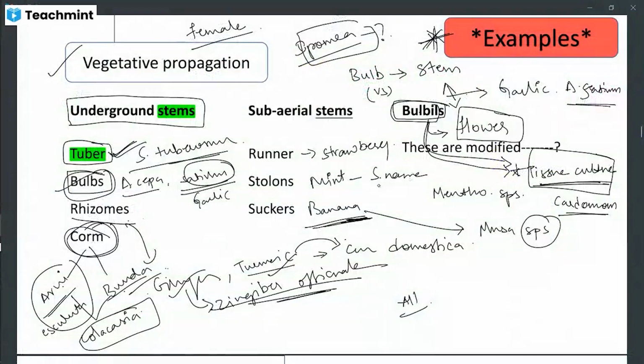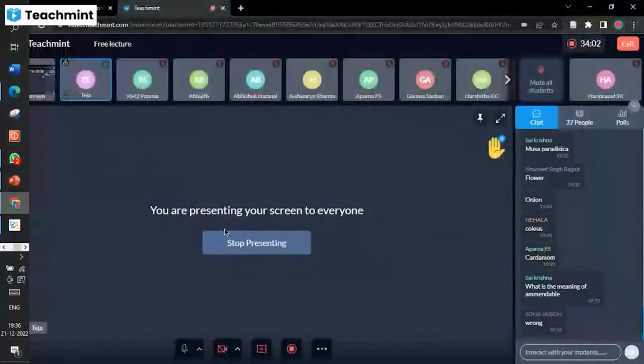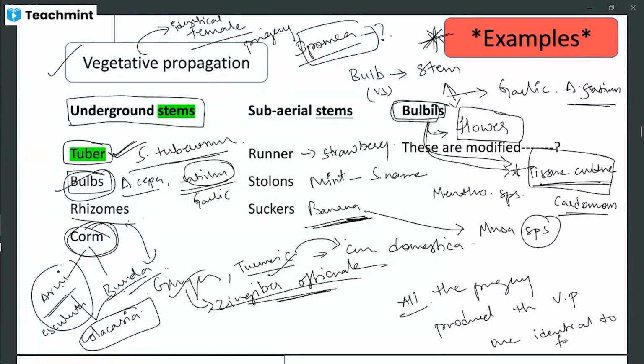So is this statement wrong, that only vegetative propagation produces identical female progeny? Means the progeny is identical to the female plants. My question is: all the progeny produced through vegetative propagation are identical to the female parent only.